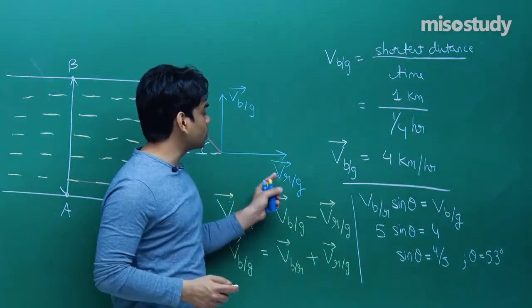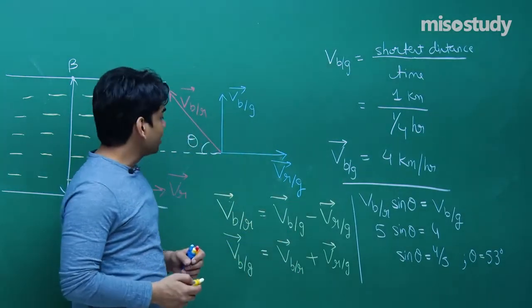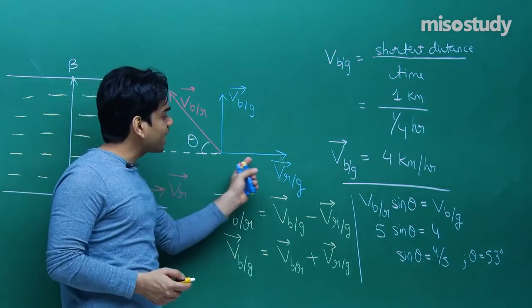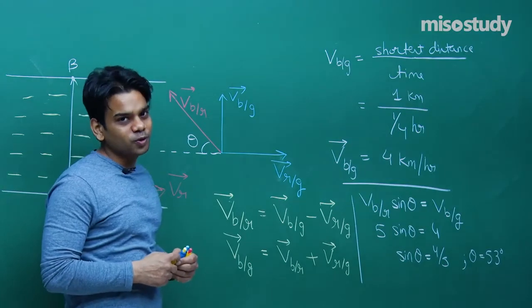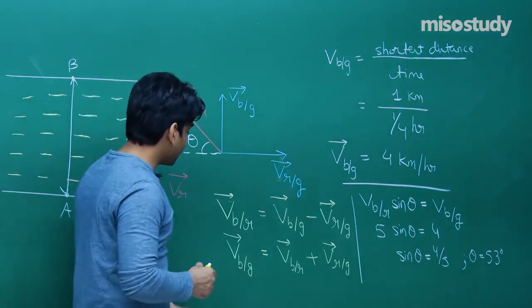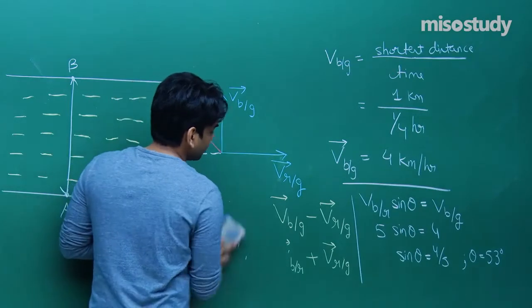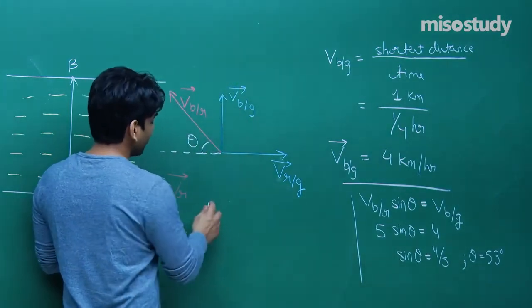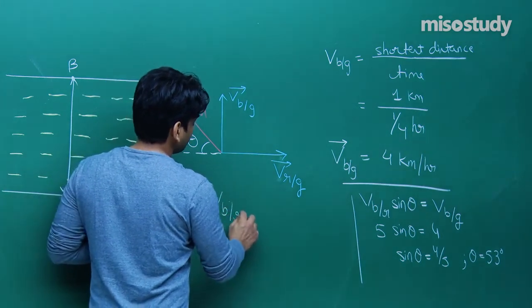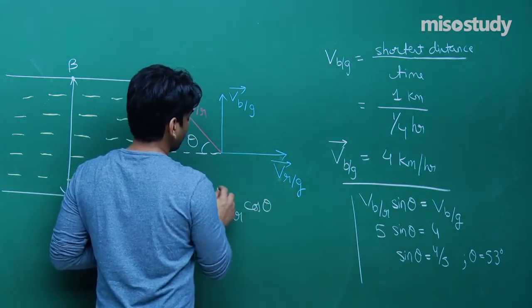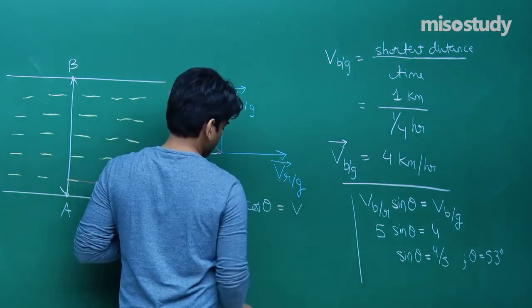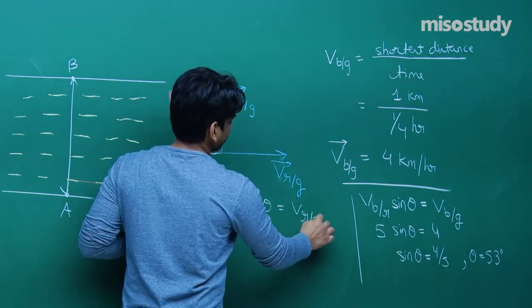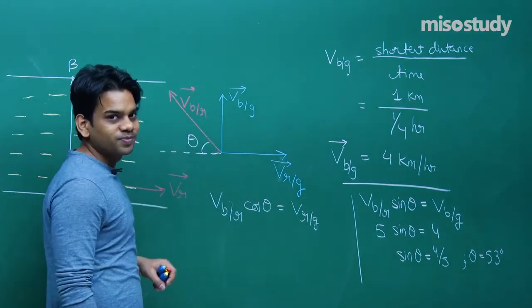Now we want what is the velocity of river with respect to ground. You see here, velocity of boat with respect to river, its horizontal component is going to cancel out the velocity of river with respect to ground. That means if I write it as per the vector diagram, I'm rubbing this part. If I write completely, I'll be writing velocity of boat with respect to river, its horizontal component cos theta will be equal to velocity of, let me use only magnitude, velocity of river with respect to ground.